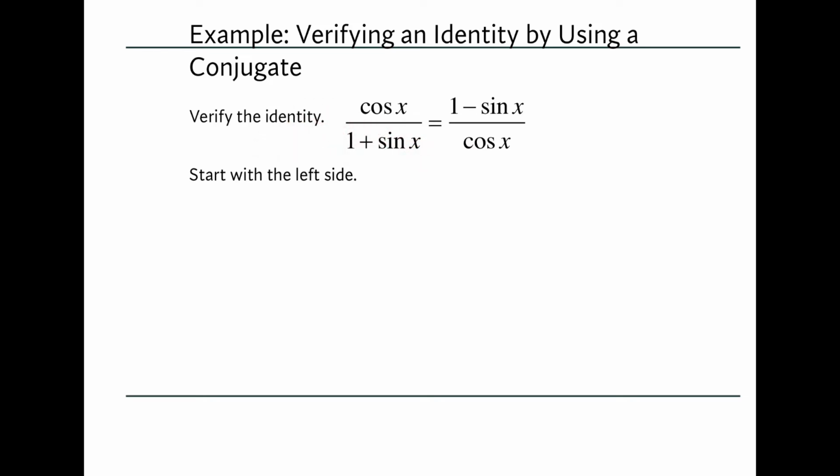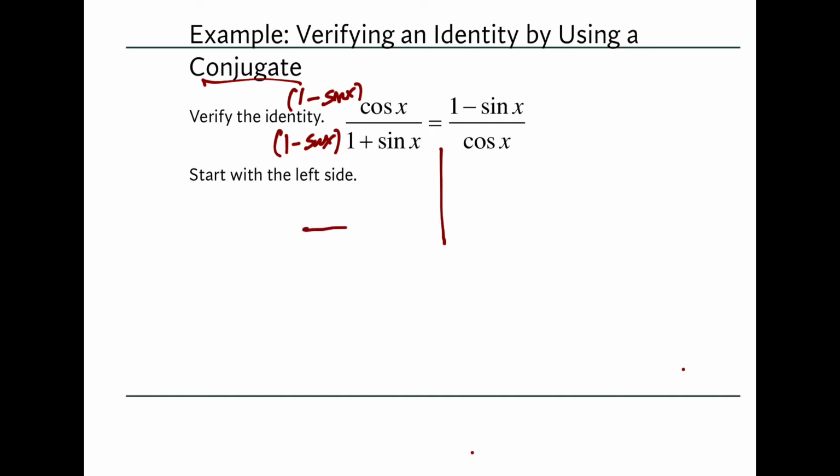So one of the things that we can do is to multiply the second fraction. We're going to start with the second, with what we would call the conjugate. The conjugate is what, with 1 plus sine x, would give us a product of a sum and a difference. So in other words, multiplying the top and the bottom, rewriting this fraction as 1 minus sine x on top and bottom.